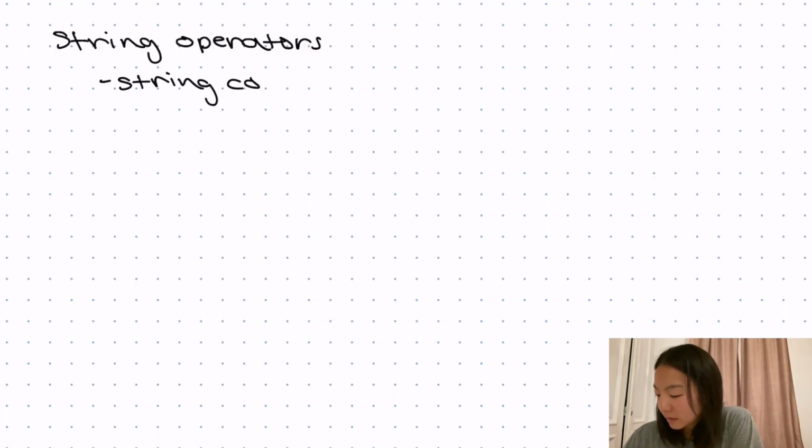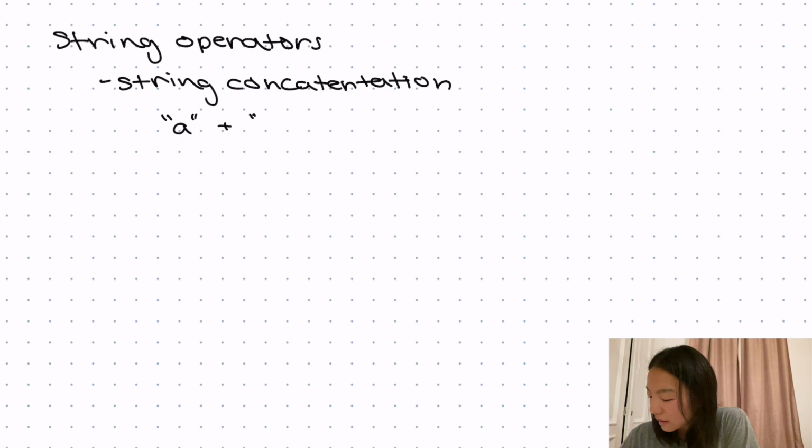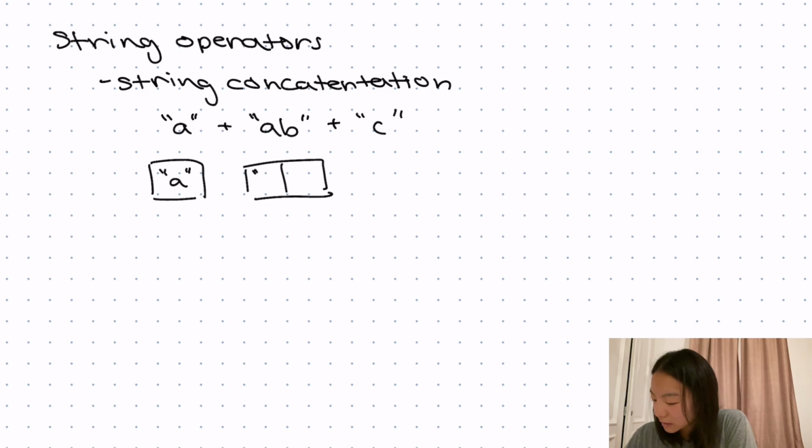So we can do string concatenation. Basically, if I take A plus AB plus C, what this is doing is saying, all right, let's say I have my character A, and then I have my characters A, B, and then I have my character C, right?